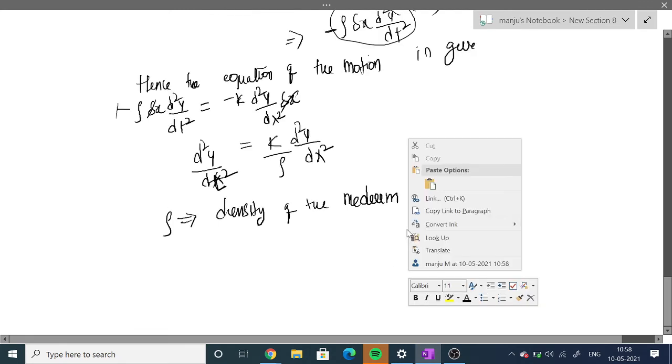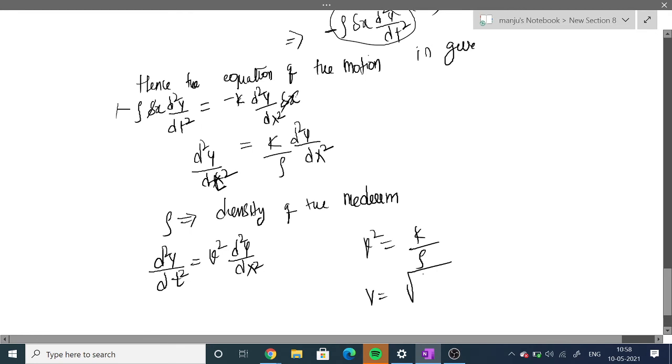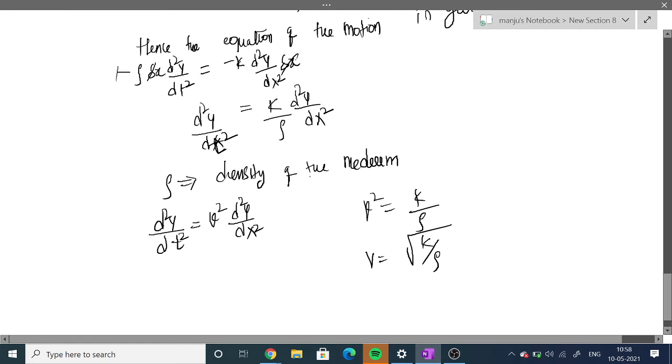So the differential equation of the progressive wave is given as d square y by dt square is equal to v square d square y by dx square, where v square is equal to K by rho, or v is equal to root of K by rho. So this is the expression for the above equation.